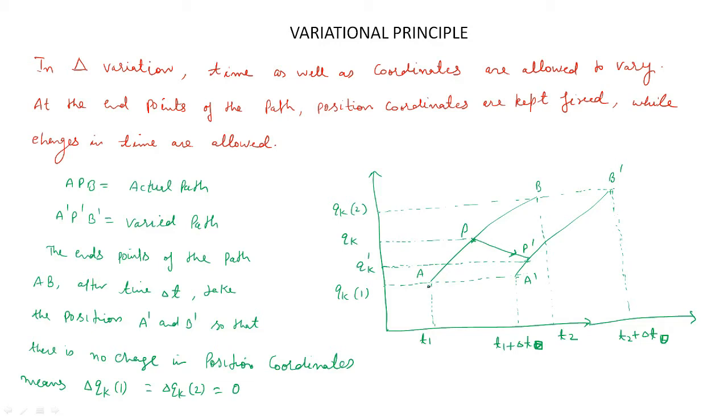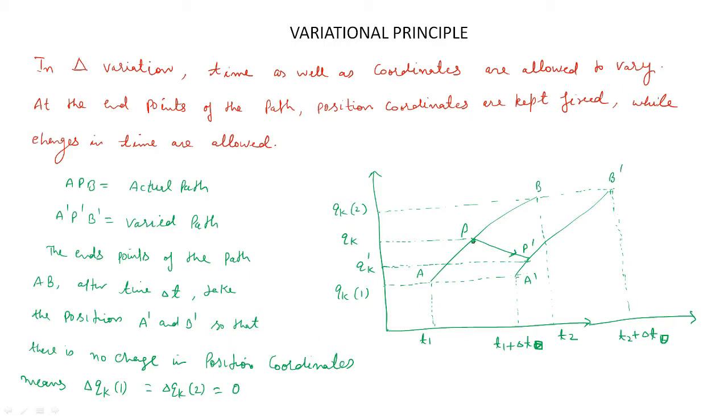But at the endpoints, you can see that the position coordinates of the actual curve APB and the varied path A'P'B' are the same. So in this variation, we can write at the endpoints that delta Qk1 and delta Qk2 are equal to 0.